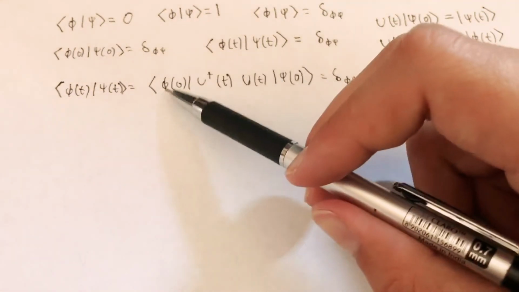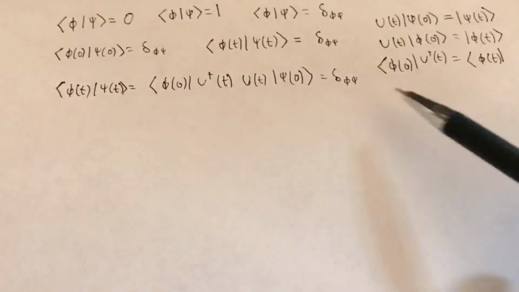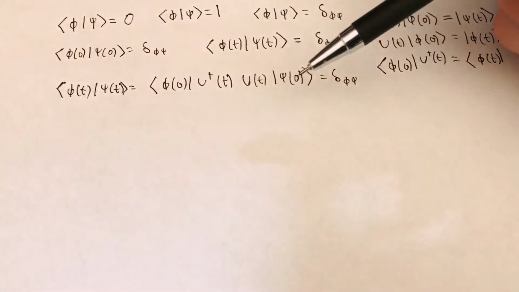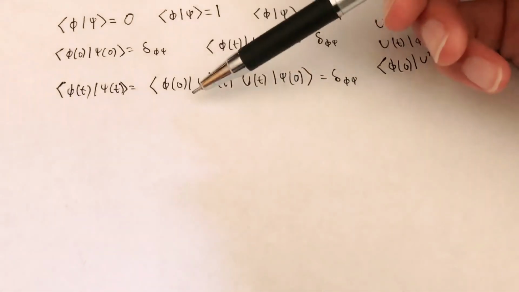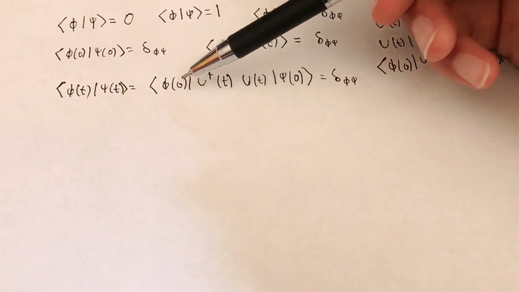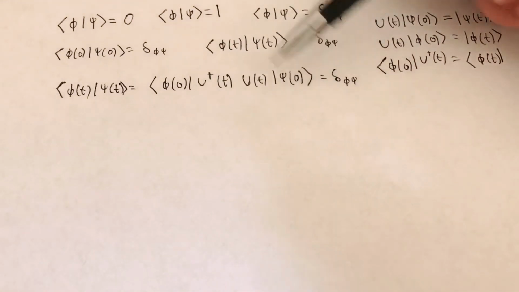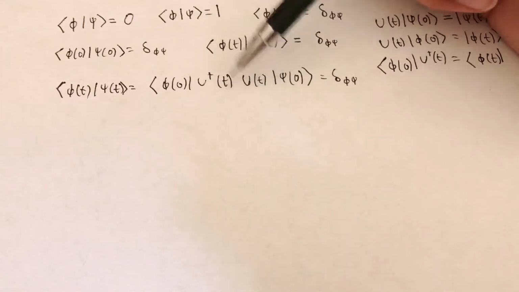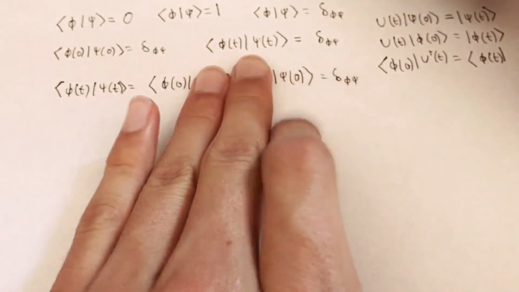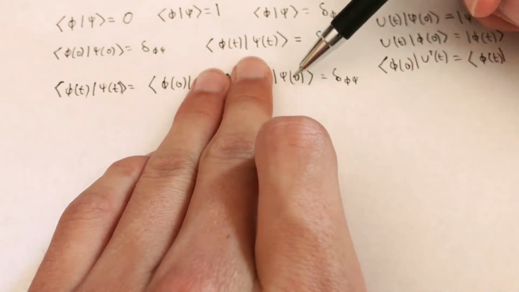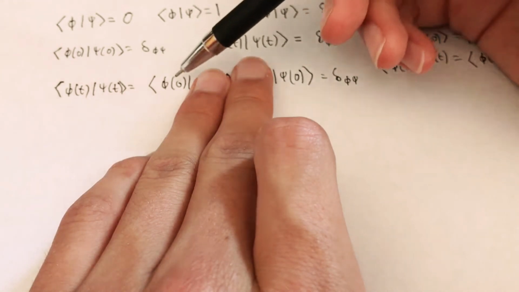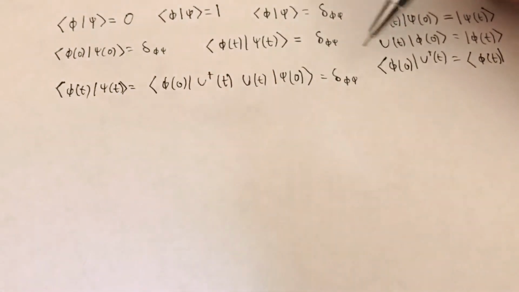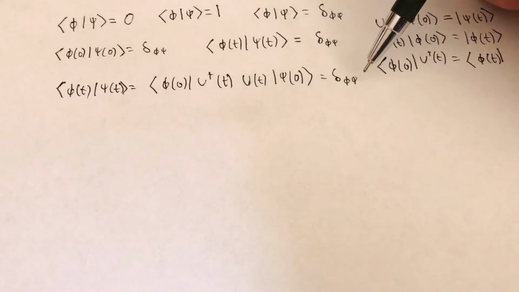If phi and psi are the same, this must equal 1. But we already know that phi and psi at time 0 will equal 1 regardless of whatever operator is between them. If this wasn't part of our equation, the inner product of psi 0 and phi 0 would still be the delta of phi and psi.